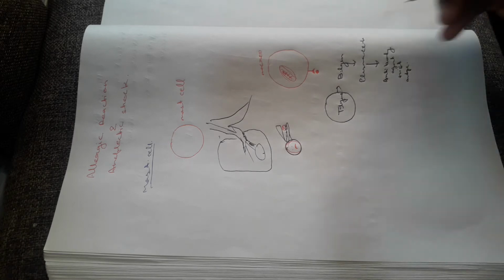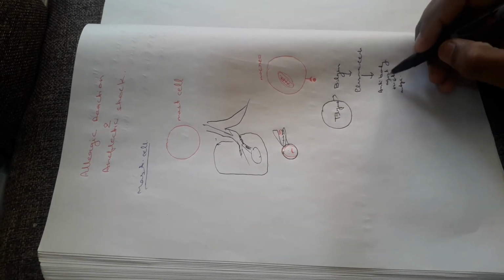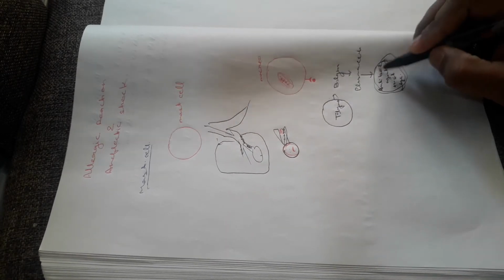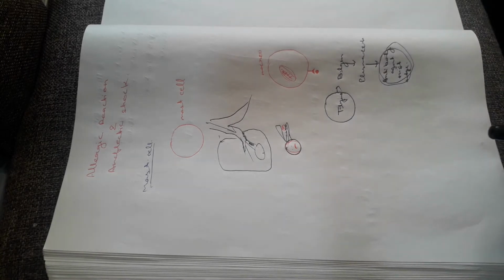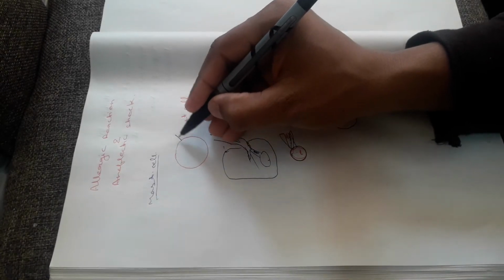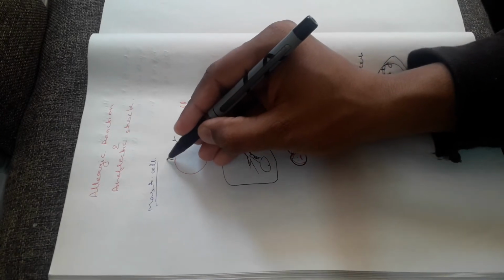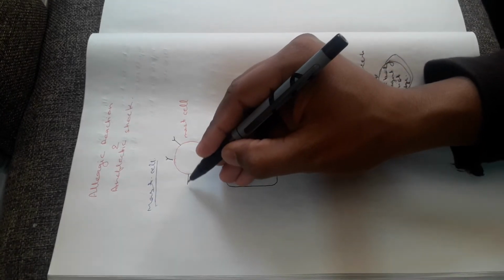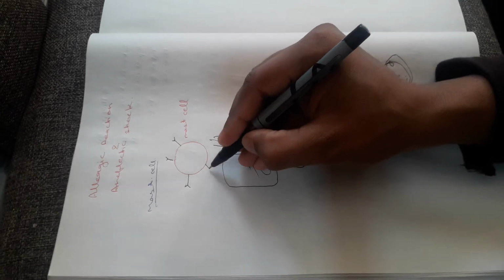Now this antibody, once it is formed, goes to the mast cell and sticks here. This antibody sticks on the surface of the mast cell.